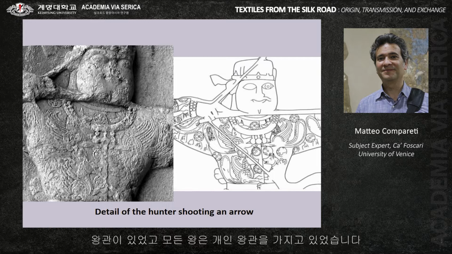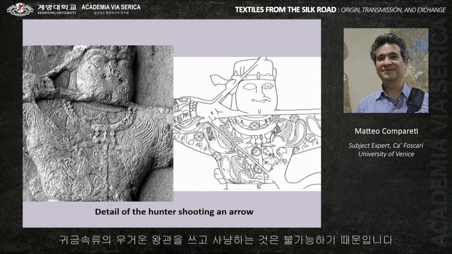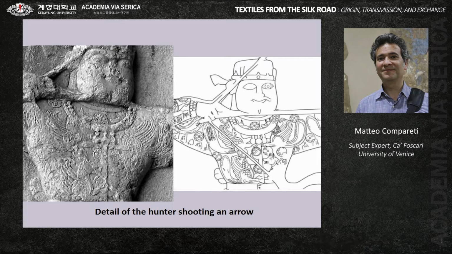Every Sasanian king had his personal crown. Some of them, like Khosrow II, had several crowns. And Sasanian kings wanted to be represented with these crowns always. So this is very unrealistic because it's impossible to hunt with a very heavy crown in metal or precious metals. This hat that we have in this slide is much more comfortable.